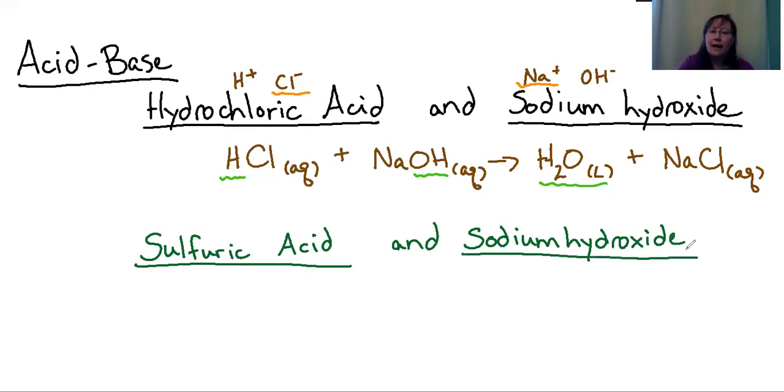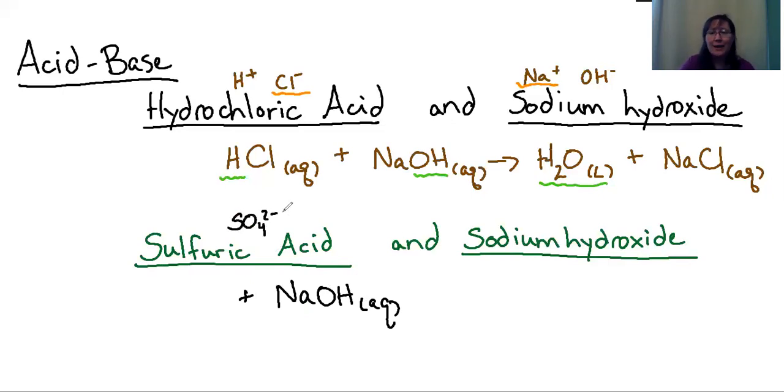Okay, sulfuric acid and sodium hydroxide. And so we'll come out here and we'll say, okay, well, our sodium hydroxide, we already know that that's NaOH aqueous because we used it in our last reaction. Now let's look at the sulfuric acid. There's no hydro here, so sulfuric comes from -ate. So the sulfate anion is SO4 2 minus.